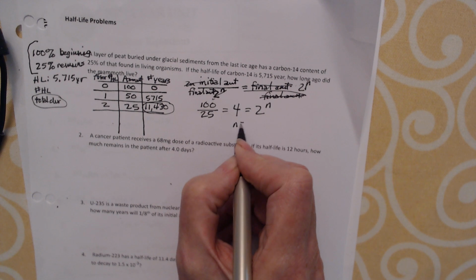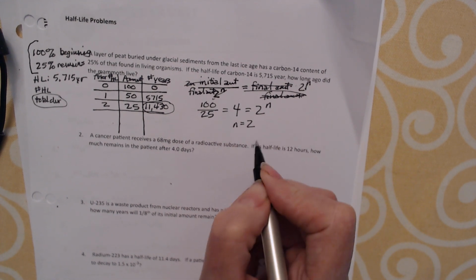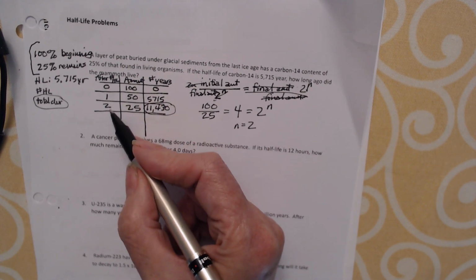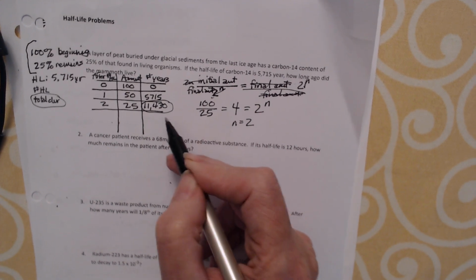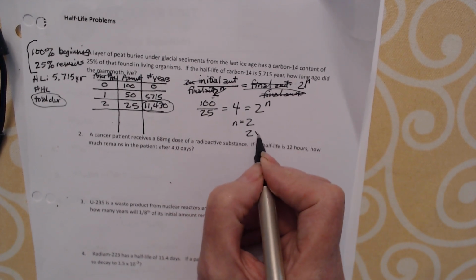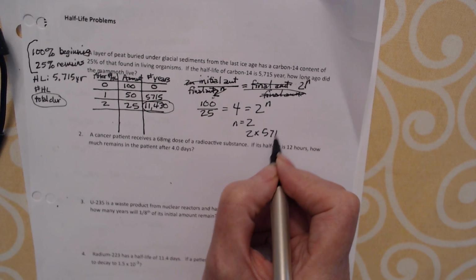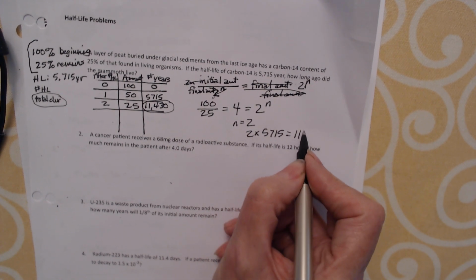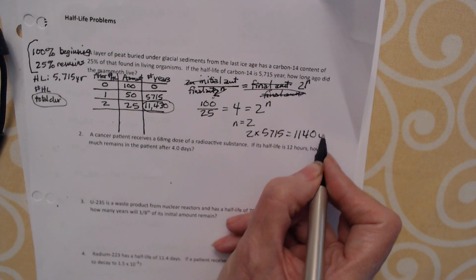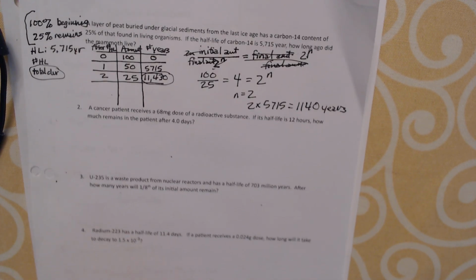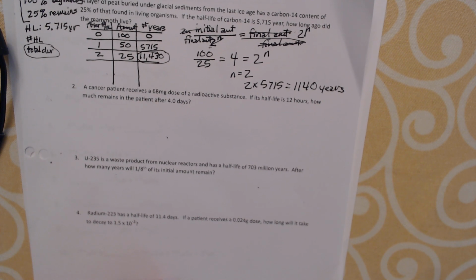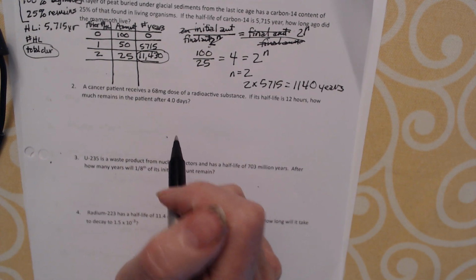So n equals 2 for my number of half-lives. And that's exactly what I saw here, I have 2 half-lives. And then from there, you would just do that final calculation and say 2 times 5715 equals 11,430 years, and you're done. So you've got two methods to calculate just about everything that we do in this particular unit.